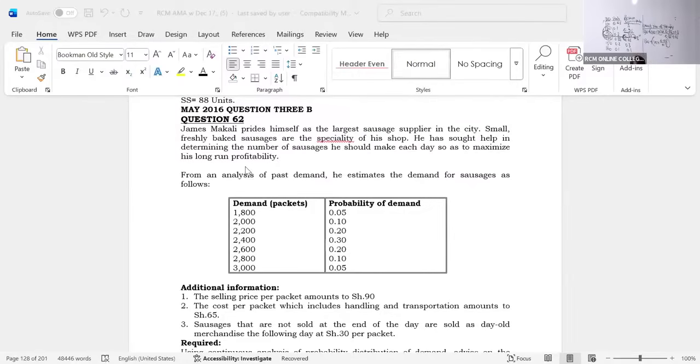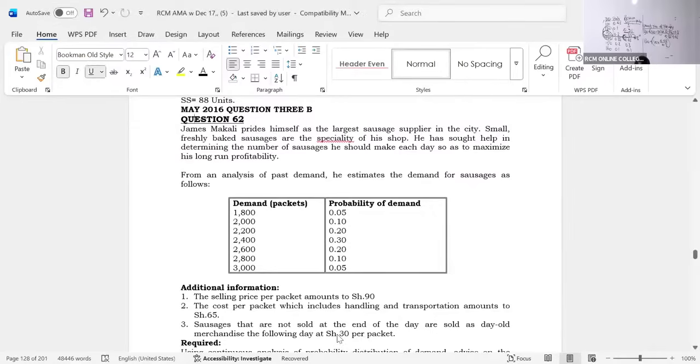From analysis of past demand, he estimates the demand for sausages as follows. So you can see demand there versus probabilities. The selling price per packet amounts to 90. The cost per packet, which includes handling and transportation, amounts to 65. Sausages that are not sold at the end of the day are sold as day-old sausages the following day at 30.